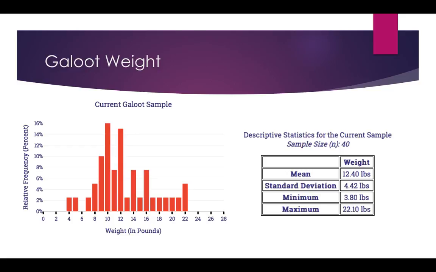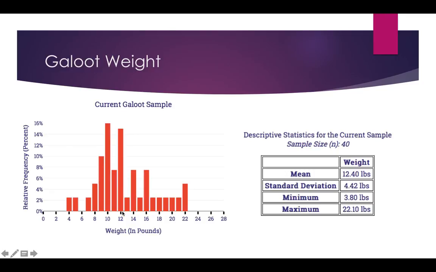So the next thing we will look at is the galoot weight. Looking at this histogram, for the sake of this assignment, maybe if we really use our imagination, we can say it's nearly normal. So the mean is 12.4, which is going to fall right in this area.